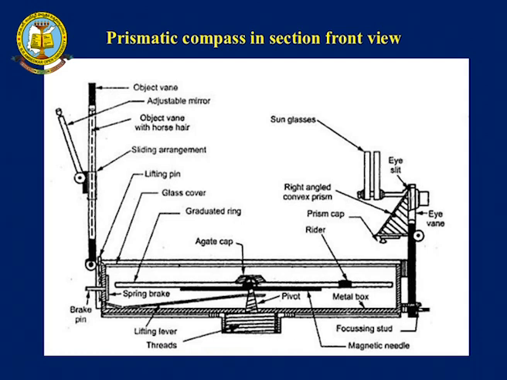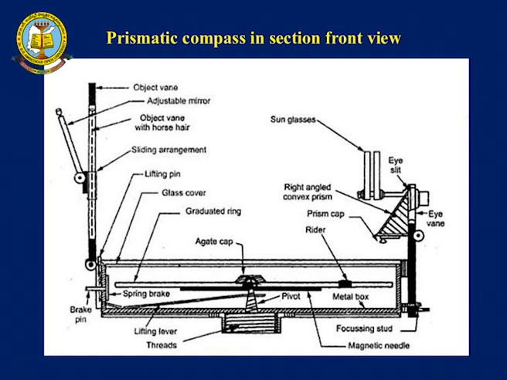Through this eye vane you have to see the object, and this is the object vane, and the object vane has the mirror, which you can slide up and down based on your objective view.